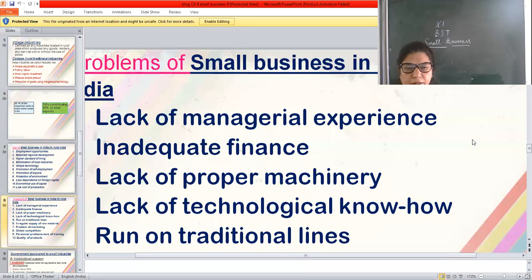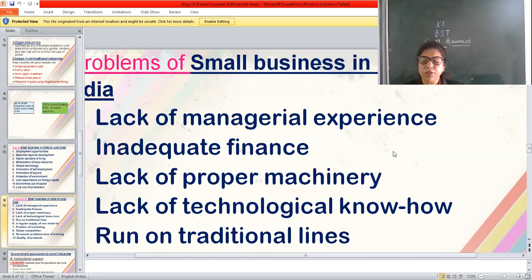managerial experience. You agree with my point that in India, the small businesses are facing various problems, and the main problem which we can say is insufficient finance. According to the book also, the major problem which they are facing is lack of finance.